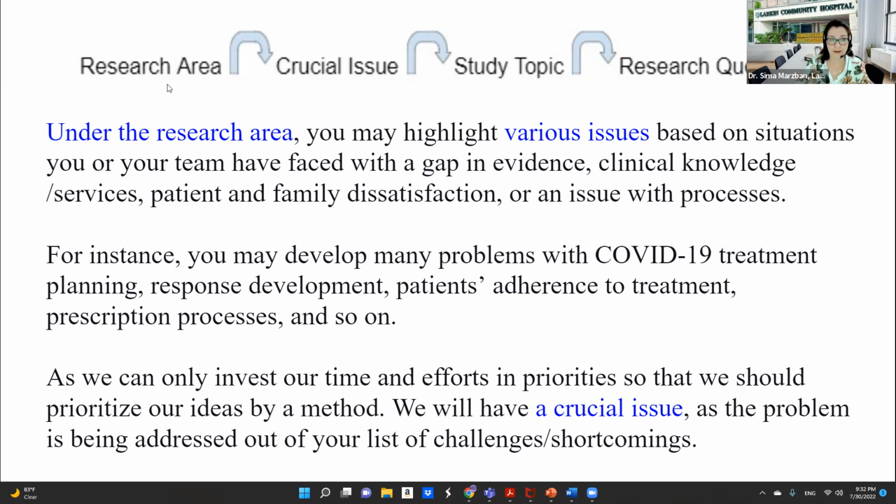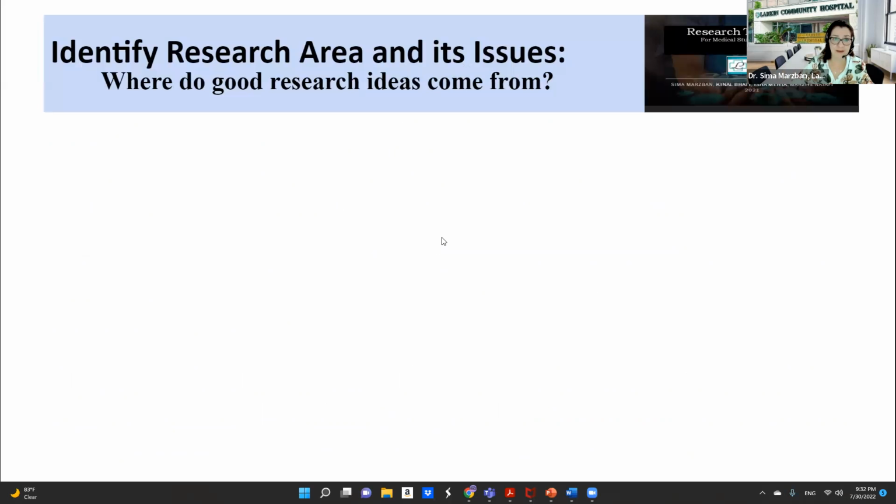Go to PubMed, search recent years, 2021-2022 articles, and grab some ideas from PubMed. I will show you how you can find ideas from other resources. Let us discuss those.